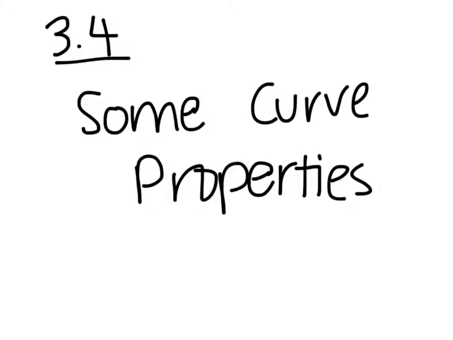Okay, so for 3.4, we're going to go over some curve properties. So say I have the function negative x cubed plus 3x squared plus 5.